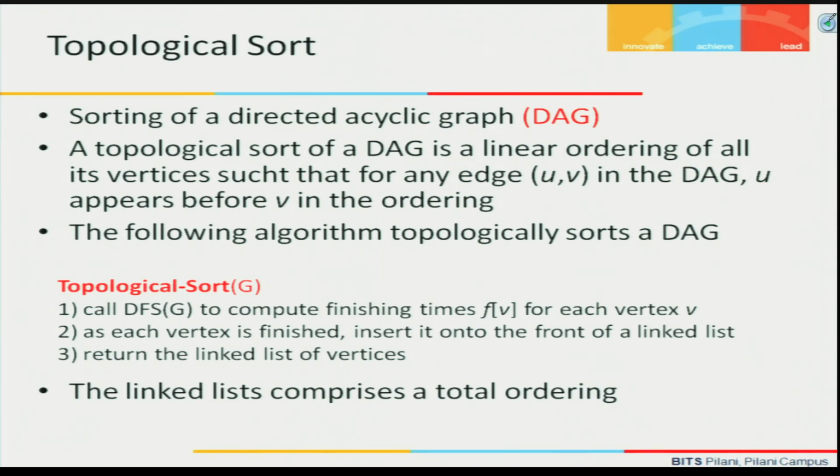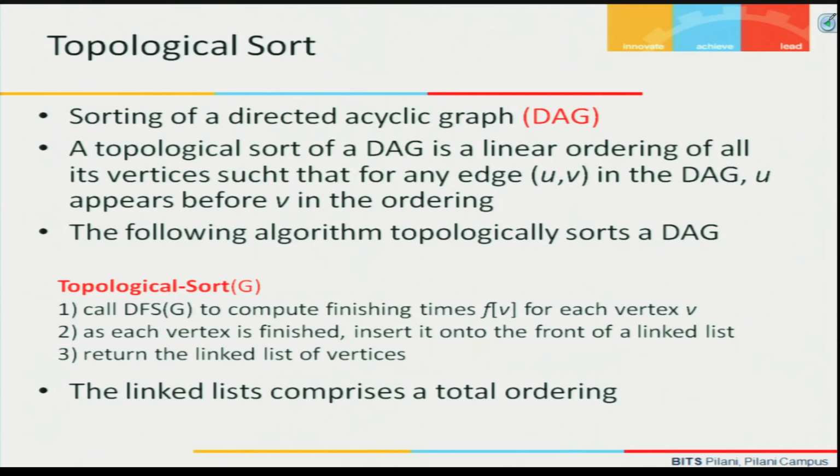The algorithm that we are going to look at is based on DFS with time stamping. So, we are going to call DFS on the graph on which we want to do a sorting, and we are going to compute finishing times for each vertex v. As each vertex is finished, we insert it onto the front of a linked list. So, as you keep on darkening a vertex, you insert that vertex into a list.